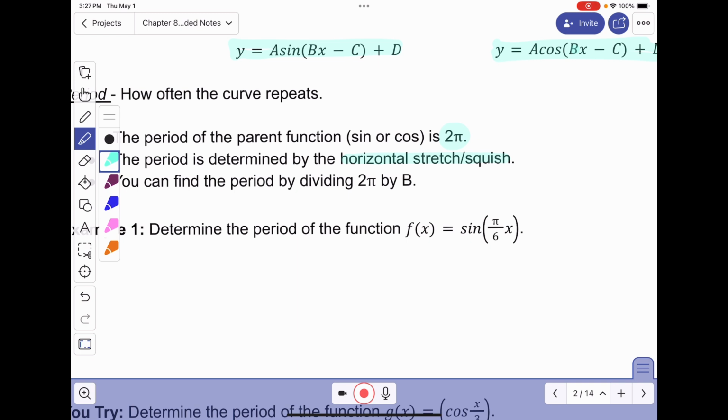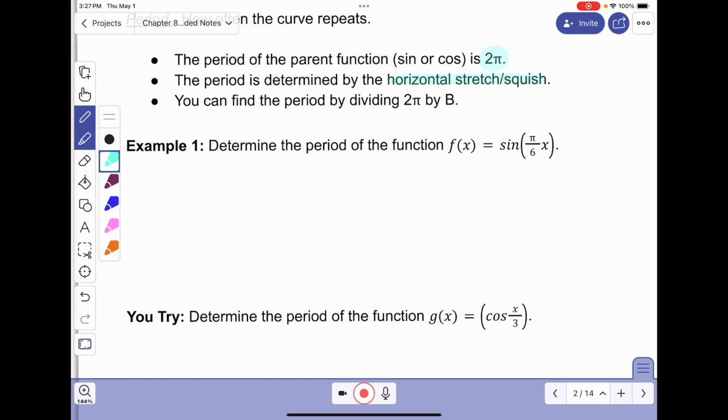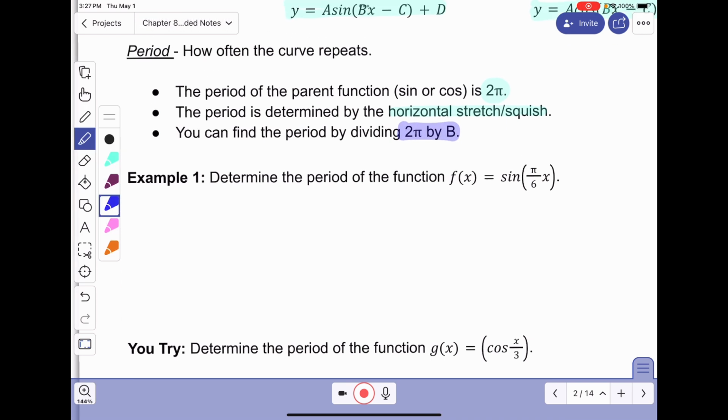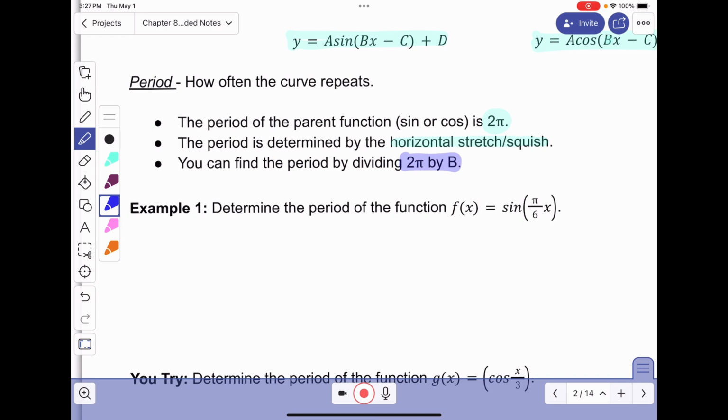If we think back to transformations, whatever's multiplied by x is going to change our period. Because the original period is 2 pi, we just divide by whatever b is to get the new period. In this graph, b is pi over 6. That's the number in front of the x.